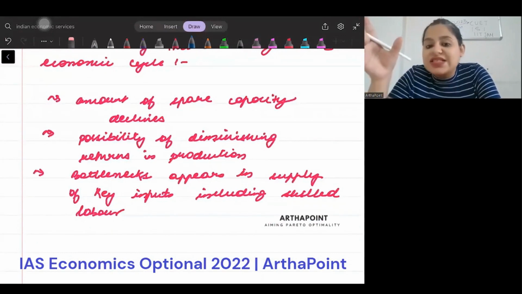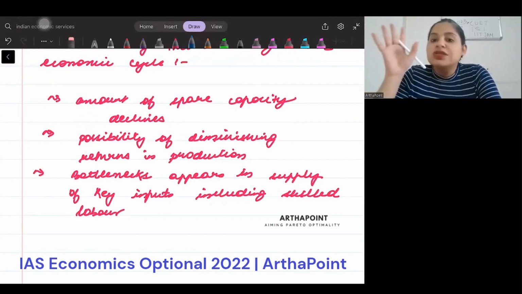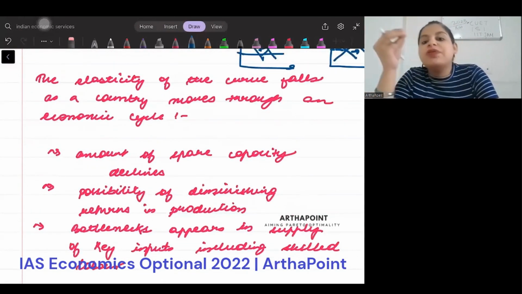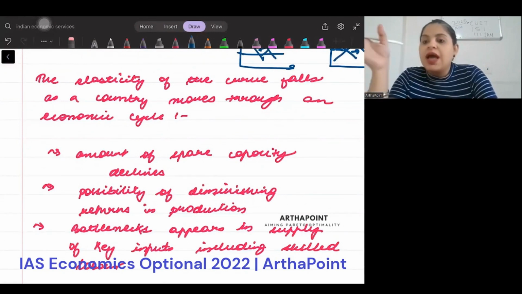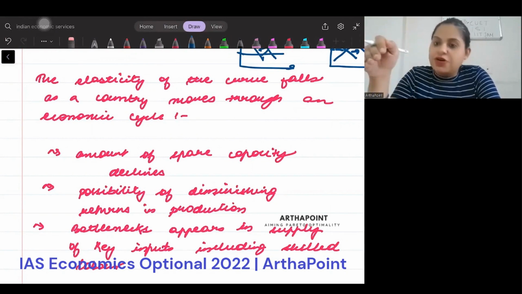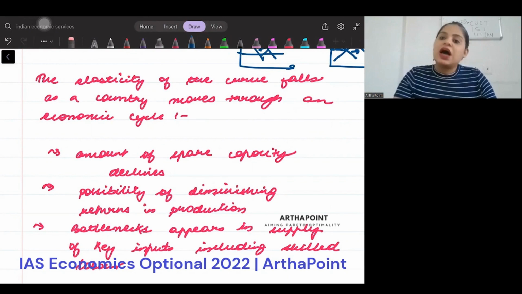How much spare capacity do I have? How much labor do I have? That determines whether I will be in the short run period or the long run period, and that will determine whether my AS curve will be vertical or horizontal. So this can be written as an answer to classical versus Keynes.